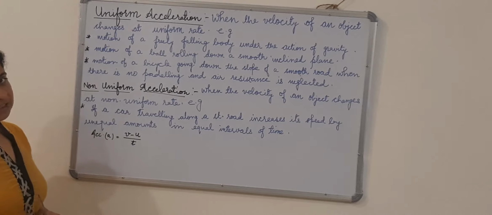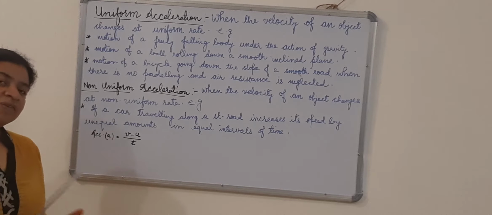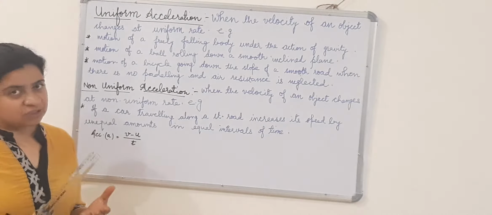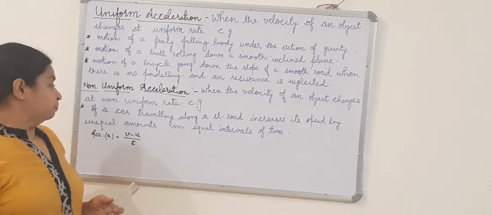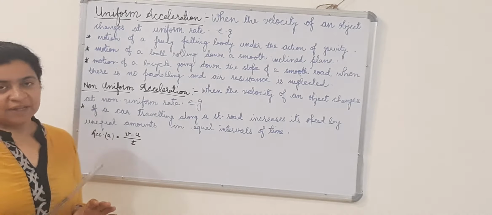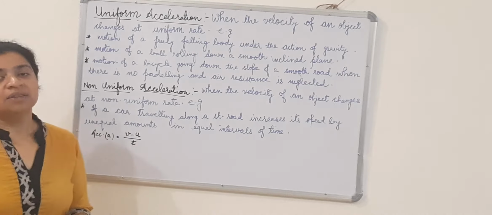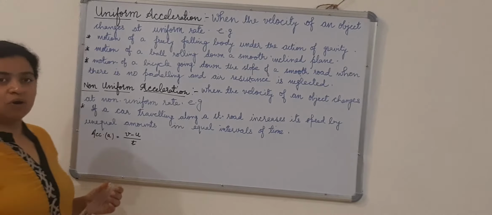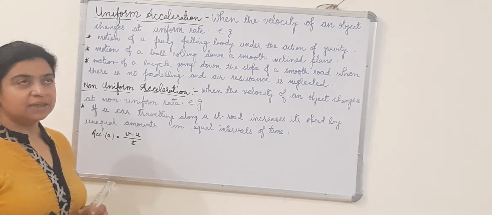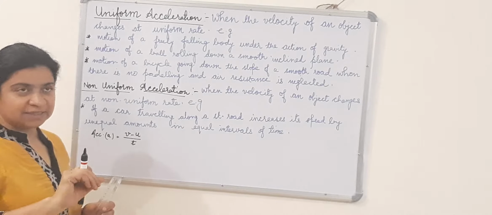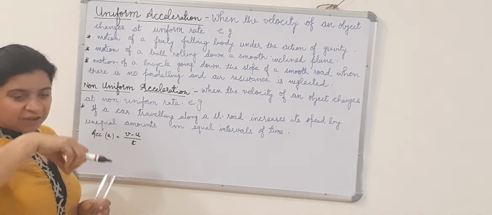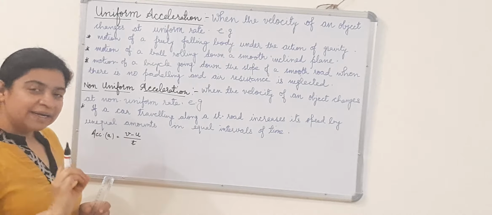U to v means, suppose, I'll give you one example, children. Suppose you are riding a scooter. When you started, you gave it acceleration, or gave the race, and you were moving at a speed of 2 meters per second. Then again you gave the race, and your speed changed from 2 to 4. To do that, you have taken a certain time.